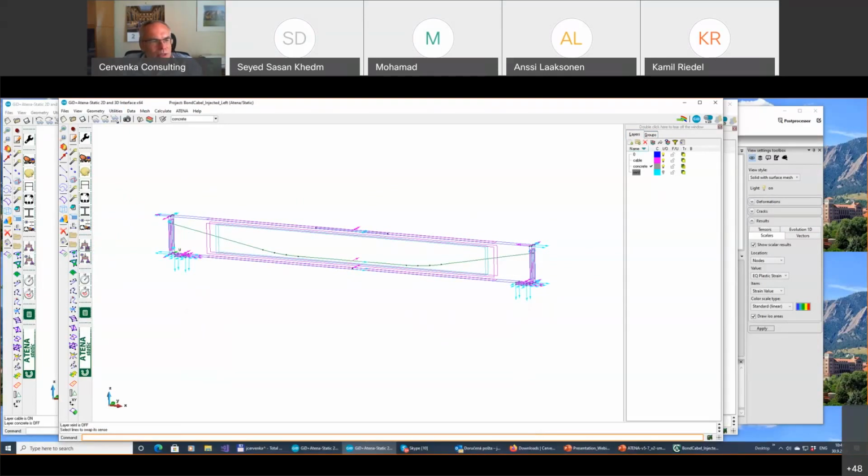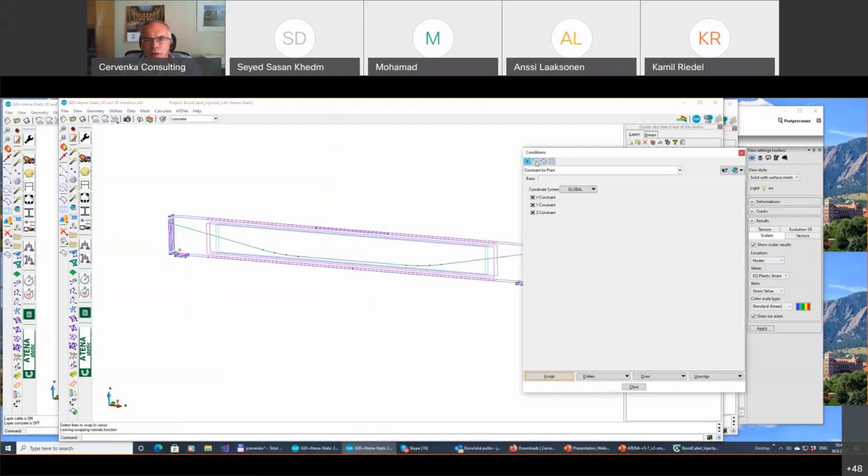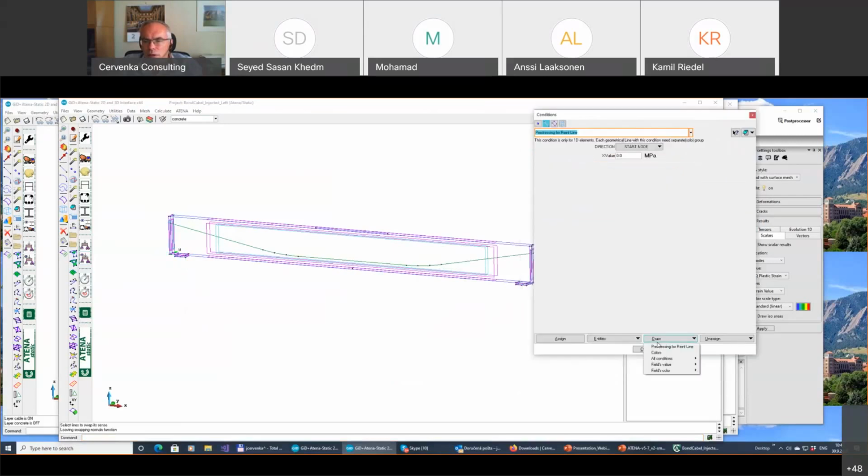So the pre-stressing we see if we look at the loading. There we can see what are the loading conditions for lines. And there is a special pre-stressing condition for lines. And if we draw this condition, I see nothing.